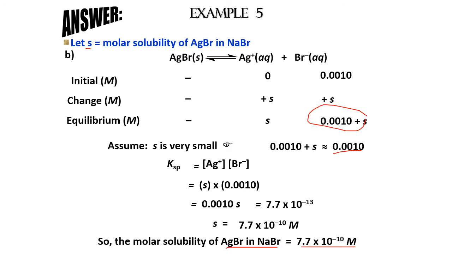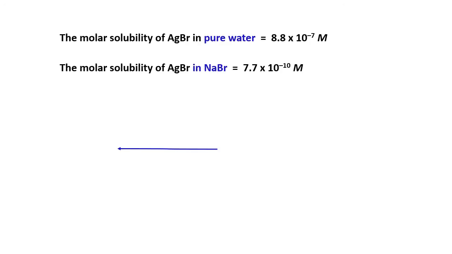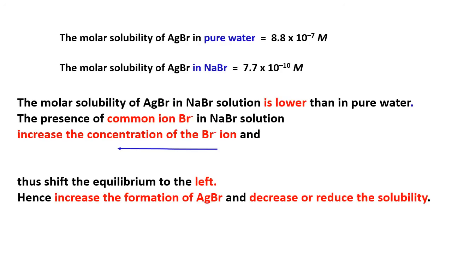If we extend the question to ask you to compare, what happened? Based on the values here, you will notice that the molar solubility of silver bromide in sodium bromide is lower. Why?